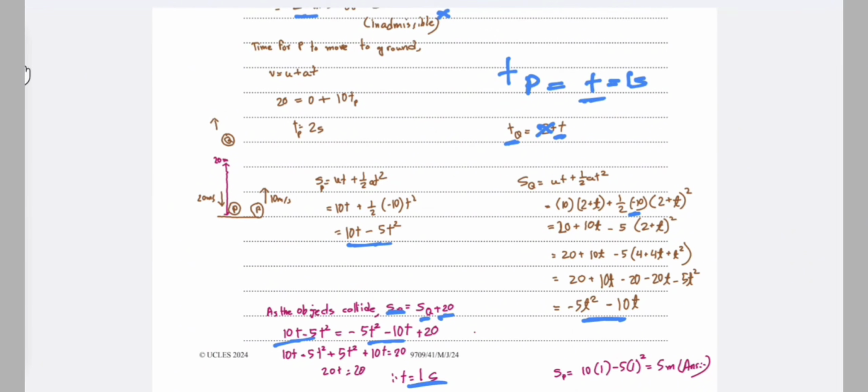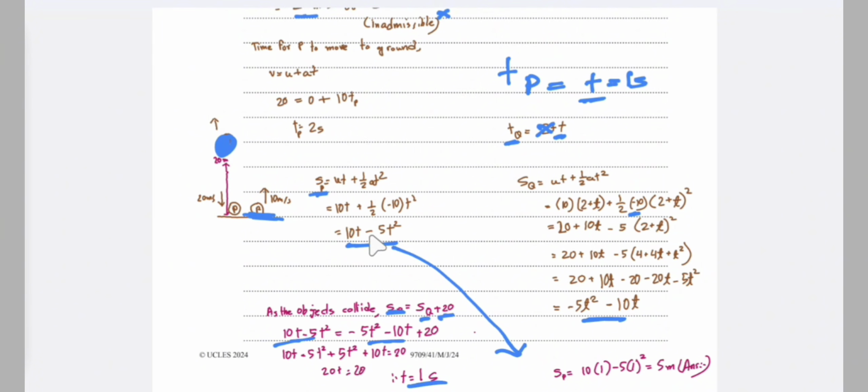Now, here we can see that Q is already 20 meter above the ground, but P is from the ground. So since P is from the ground, we need to substitute the value of time in the equation of P to find the height above the ground, because P is at the ground while Q is 20 meter above the ground.